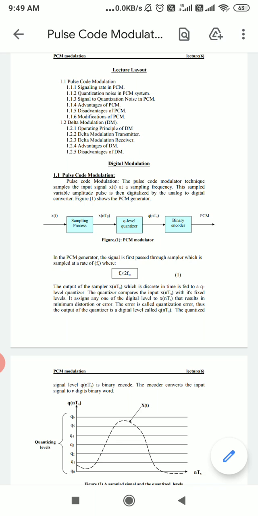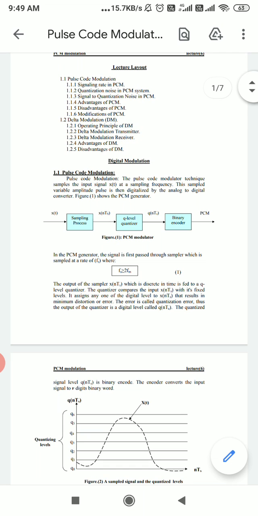So, what we are saying about the modulations, here we are supposed to do digital transmission of an analog signal. We are using digital communication because it has lots of advantages over analog communication.